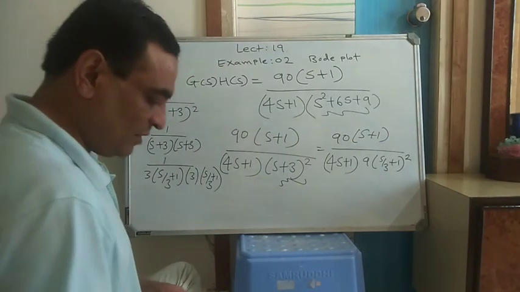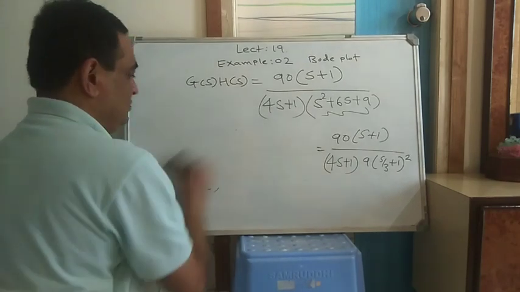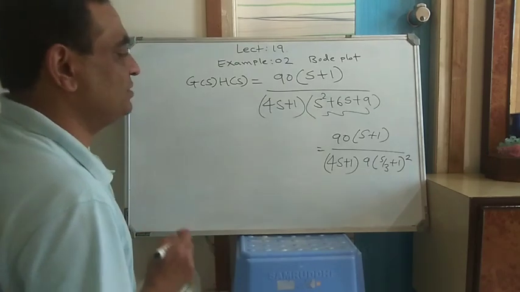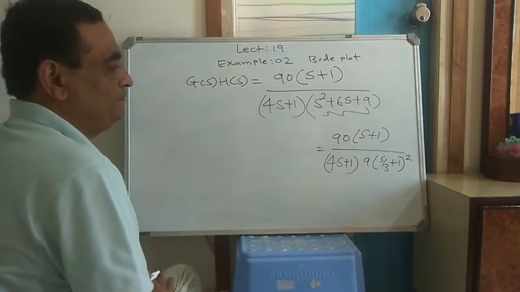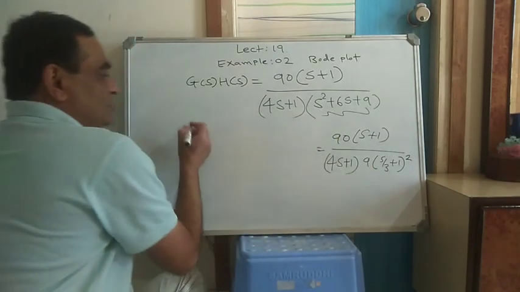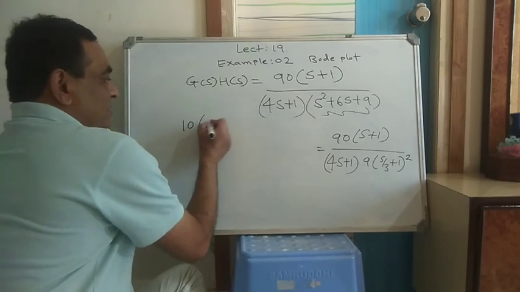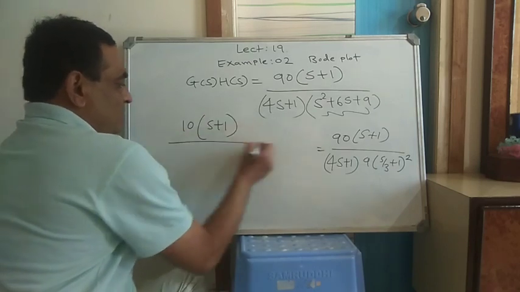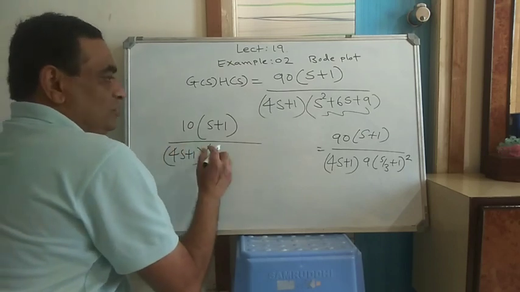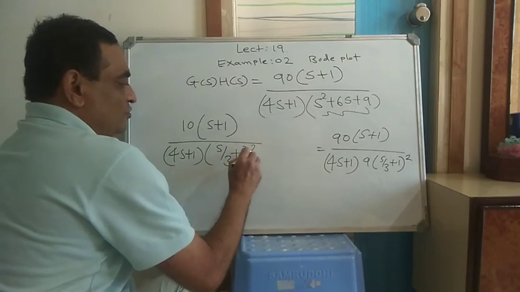So 9 goes up here, so 90 by 9, it is 10 into (s plus 1) upon (4s plus 1) into (s by 3 plus 1) whole square.